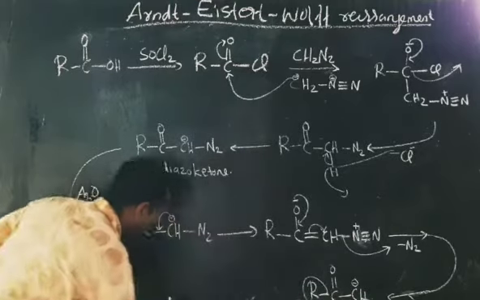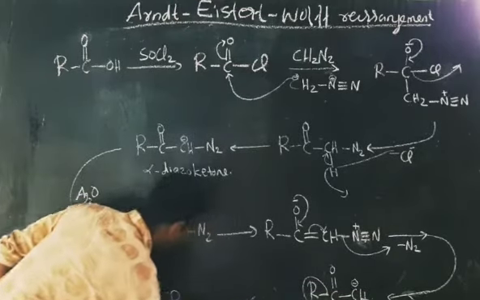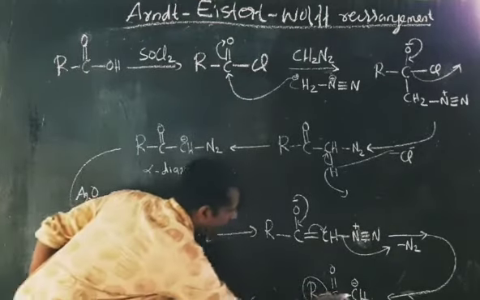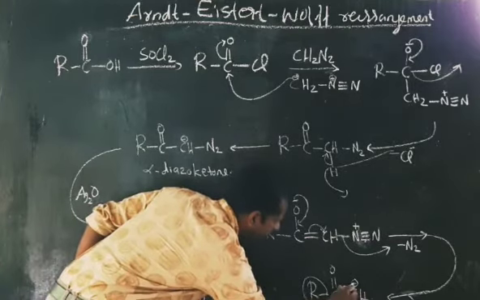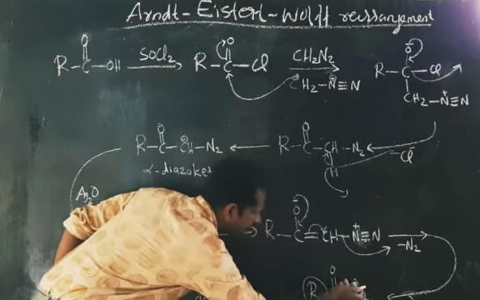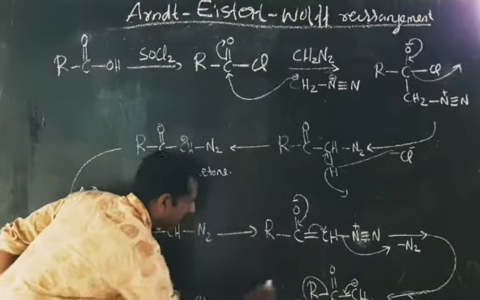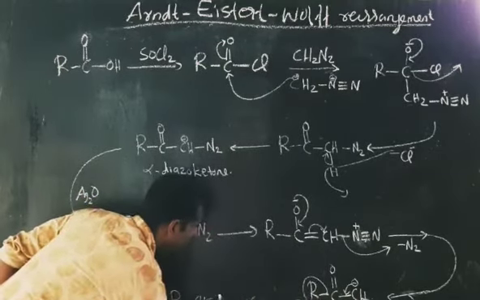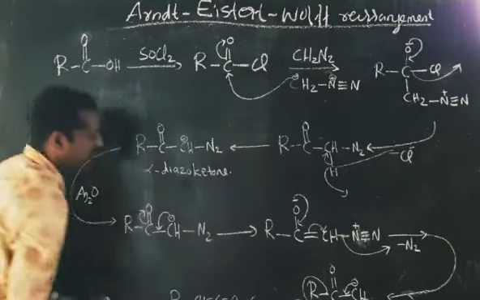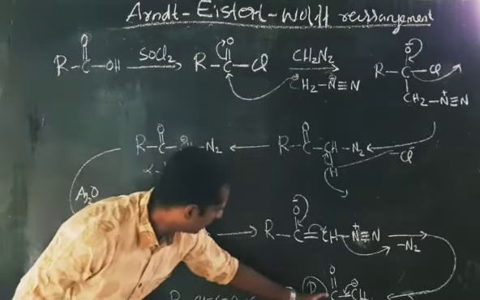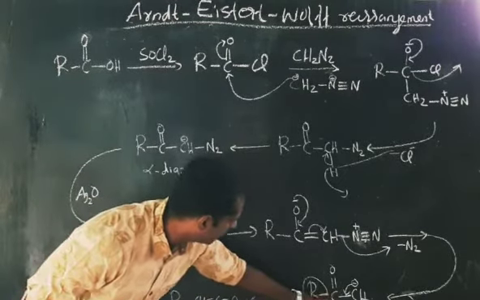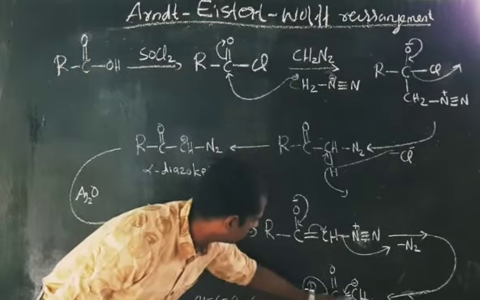R is coming here, then CH, and then this bond will be shifted to here. Look at here: the R is migrating from 1 to 2, from this carbon to this carbon.